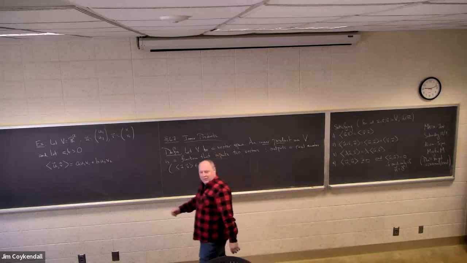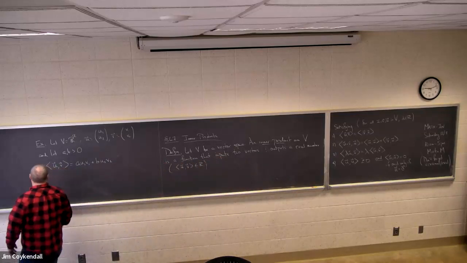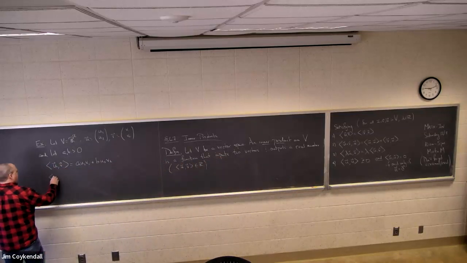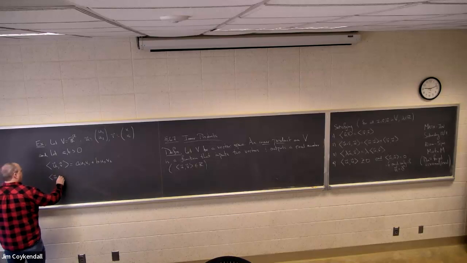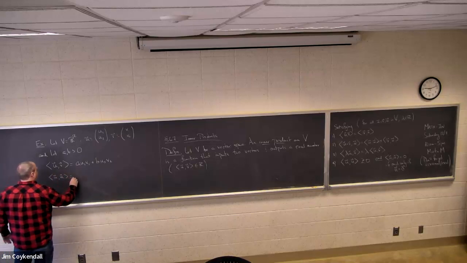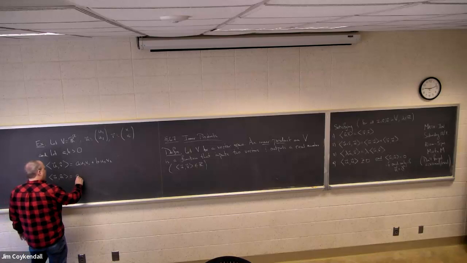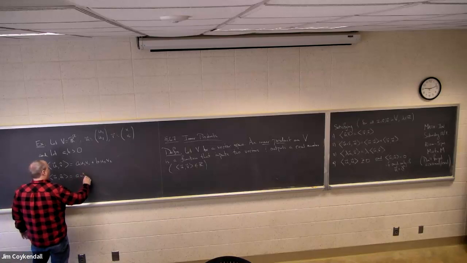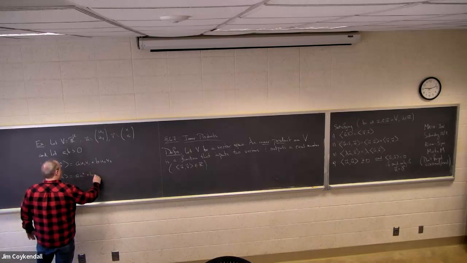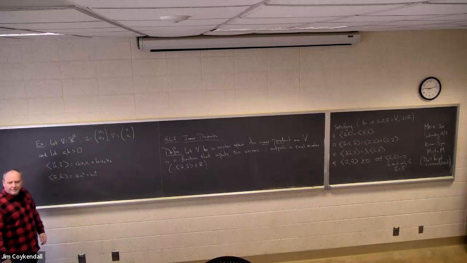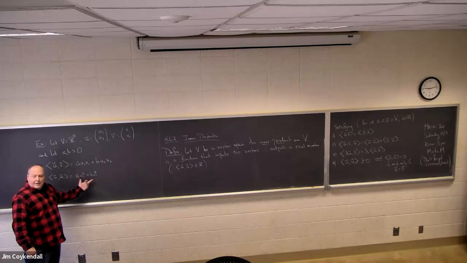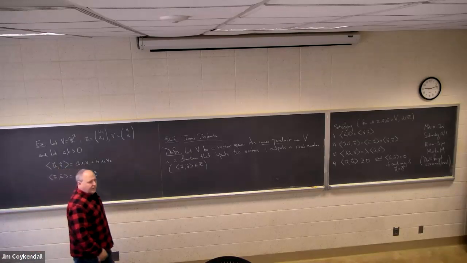And let's look at the fourth one. That's always the most interesting one. What happens if you have the inner product of U with U? This becomes A U1 squared plus B U2 squared. Everybody agree with that? Somebody explain to me why this is greater than or equal to 0.